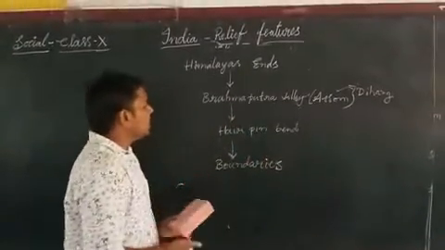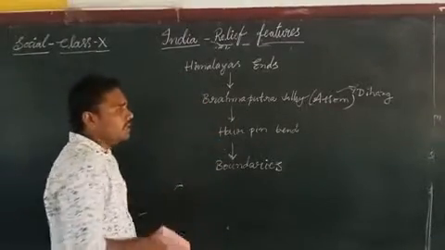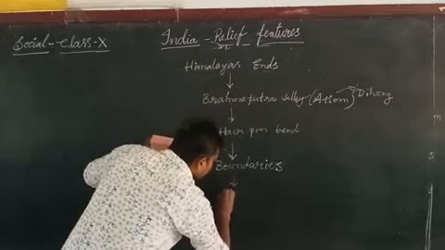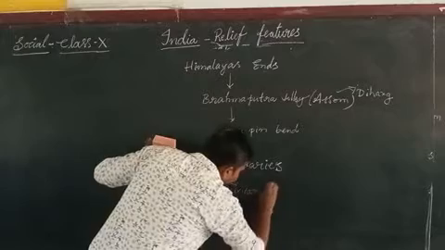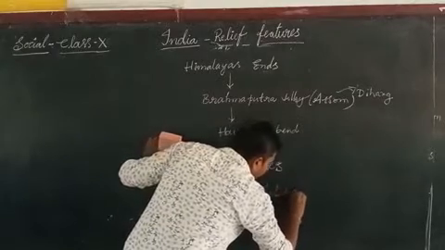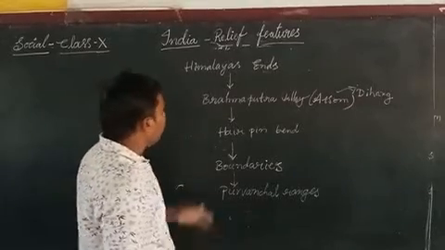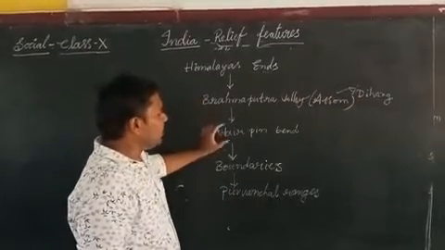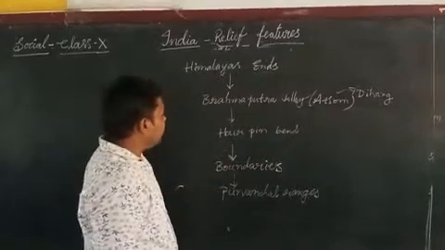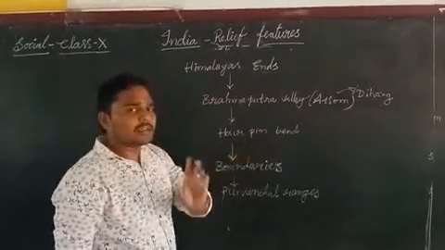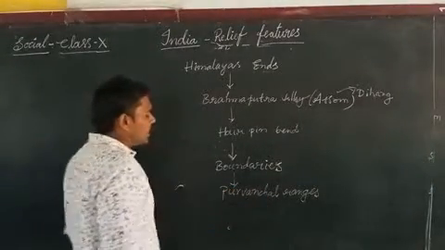In this region, the Himalayas are called the Purvanchal ranges. When the Himalayas take the hairpin bend, they form the boundaries between India and China and Bhutan, and in this region they are called the Purvanchal ranges.